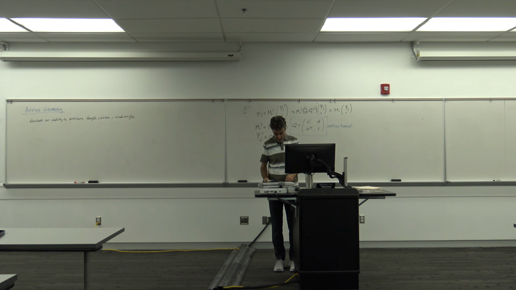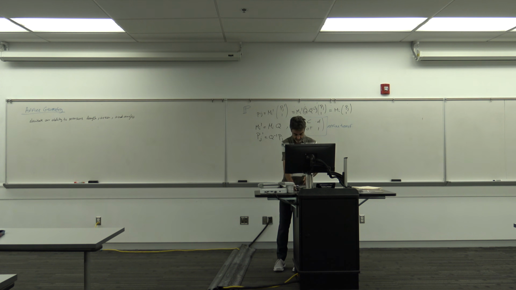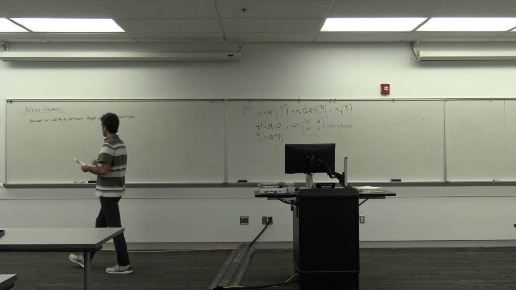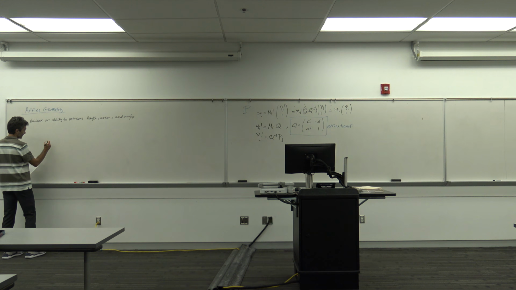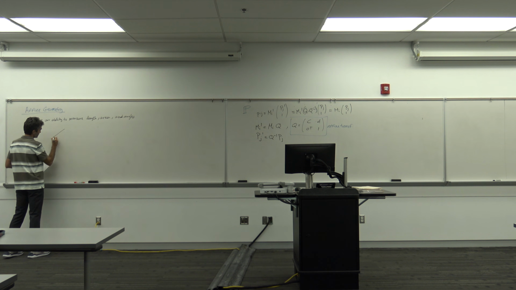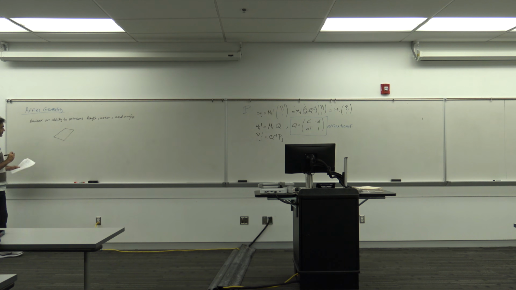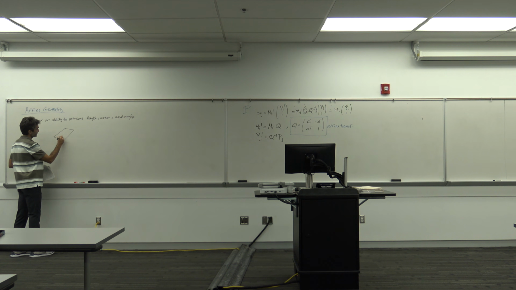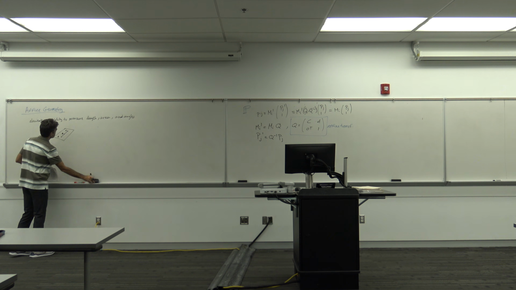All right, so let's draw what we just said. So imagine that I have this space. Okay? And in that space, I have three collinear points. Let's call them A, B, and C. Okay?